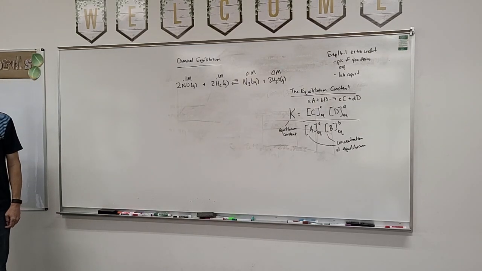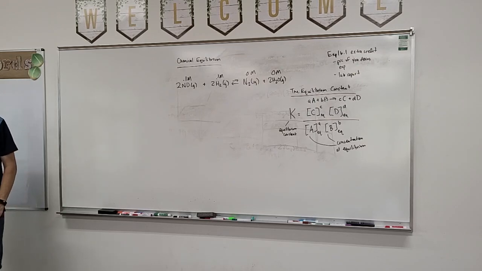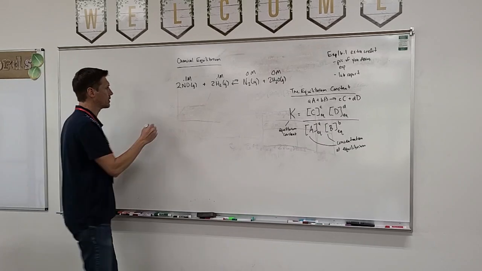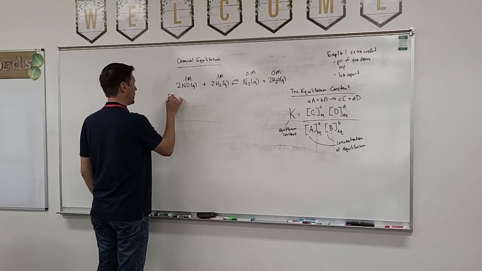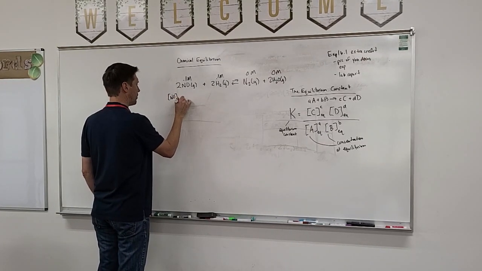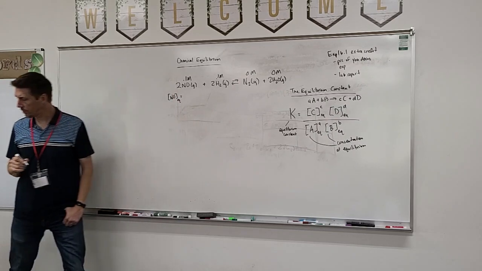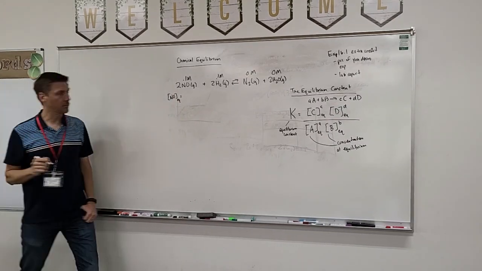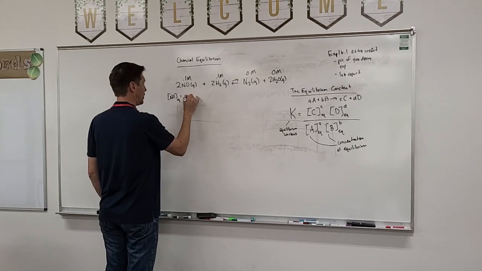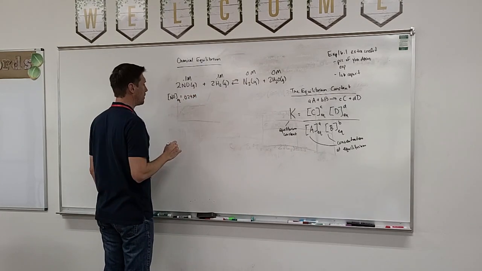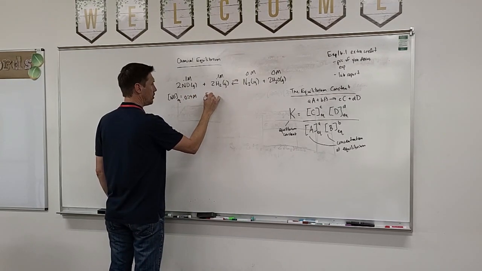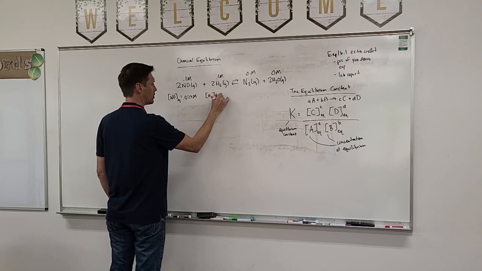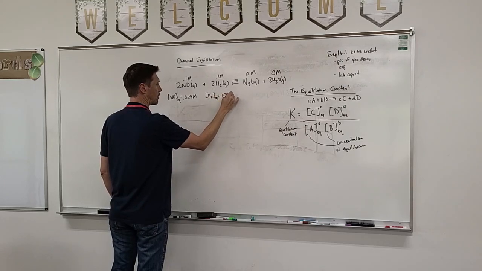And when we hit equilibrium, it says that the concentration of NO and H2 are 0.024 M. So I'm going to write this like this. The concentration of NO at equilibrium, using the symbols that we just learned, is 0.024 M. That's our unit. The concentration of H2 at equilibrium is also 0.024.